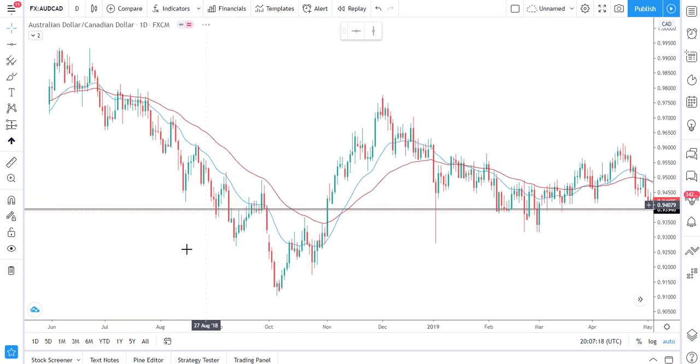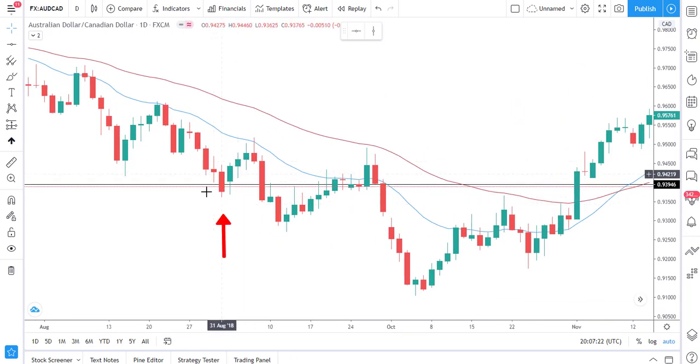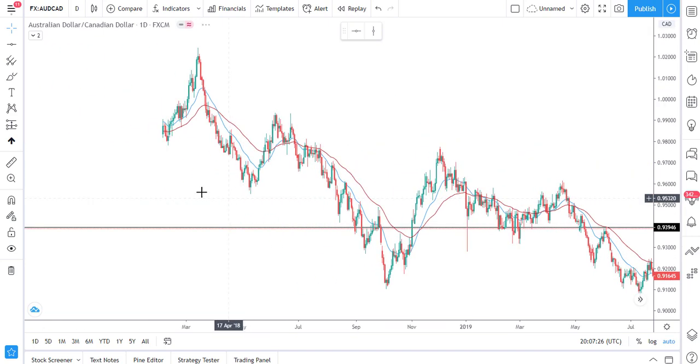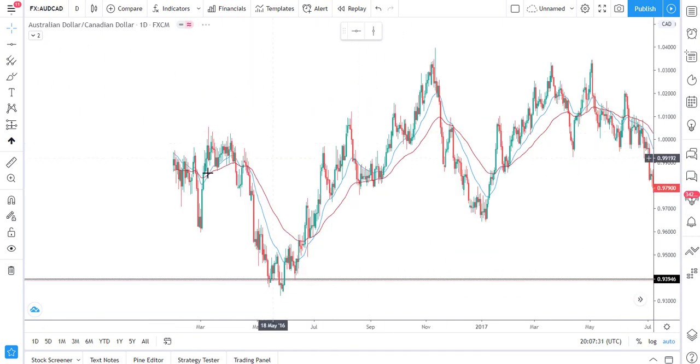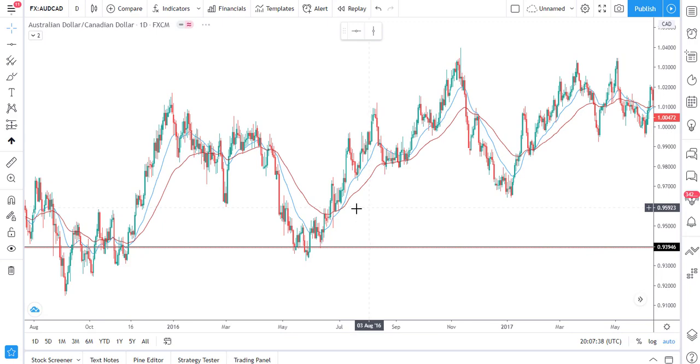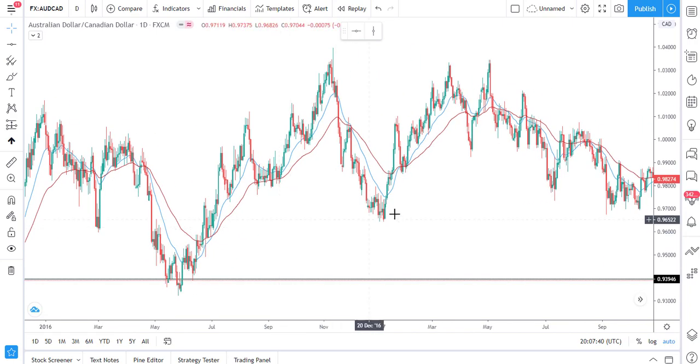And if we keep scrolling back, we can also see we had a support here. It acted as a support here also. I keep scrolling back into the chart, and we can see it also still acted as a support here. So cool. Basically this market is currently at a very strong resistance level.